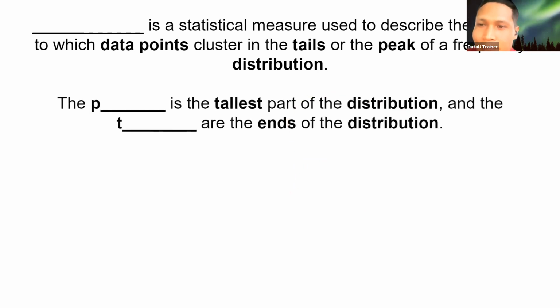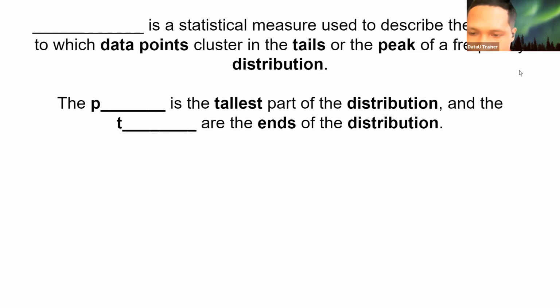So I'm going to ask this question first. The something is the tallest part of the distribution, and the something are the ends of the distribution. What do you think?